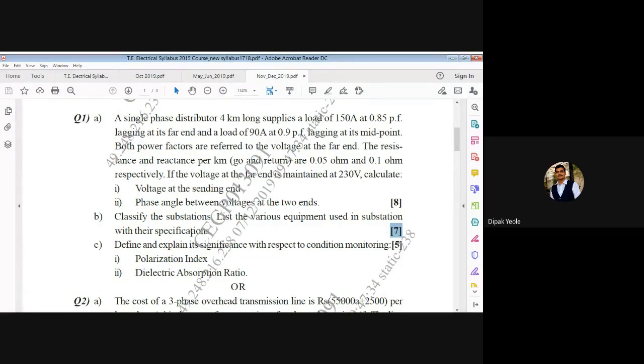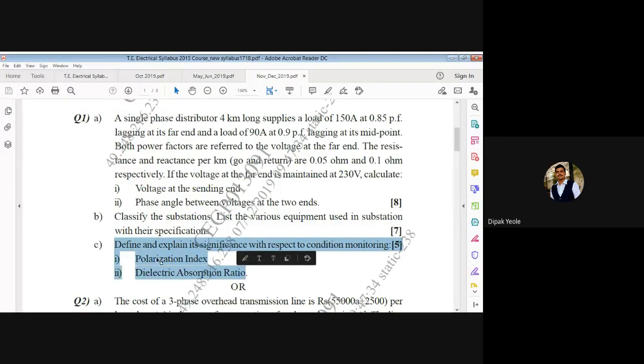If you draw a tree diagram, it will be better for you to explain the things properly. And if you are able to draw the symbols also, it will be better. So this is the 7 marks question. Yes. So this point we discussed today in the morning practical.